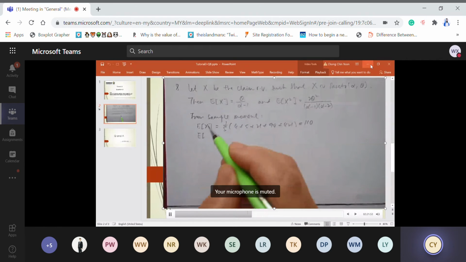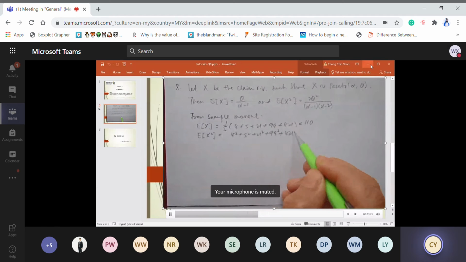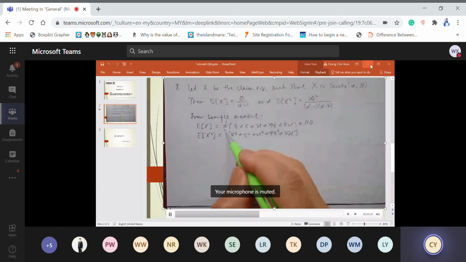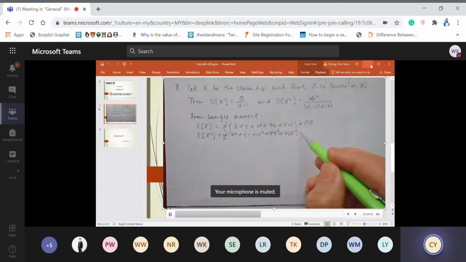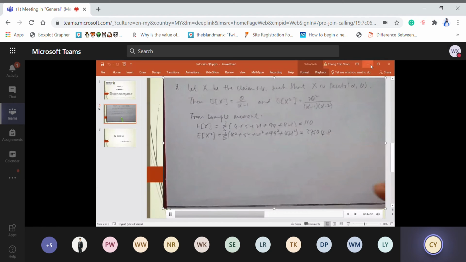Similarly, the second raw moment equals 4 squared plus 5 squared plus 21 squared plus 99 squared plus 421 squared, divided by 5, and we have 37504.8. Therefore, the first raw moment will be equal to this, and the second raw moment will be equal to this.